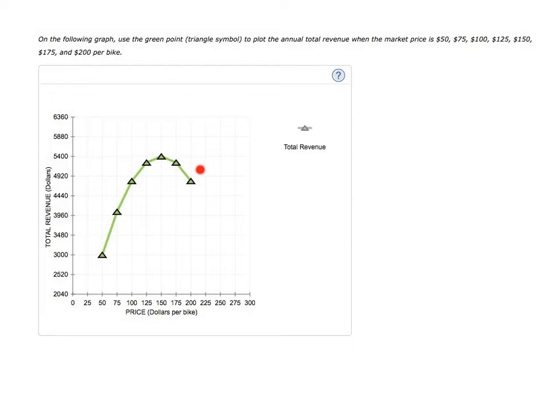And the reason total revenue goes down is because you've been increasing your price, and eventually people decide that they're very sensitive to that. So in this range, people were not particularly sensitive to the increase in price. After that point, however, people were extremely sensitive to the increase in price.